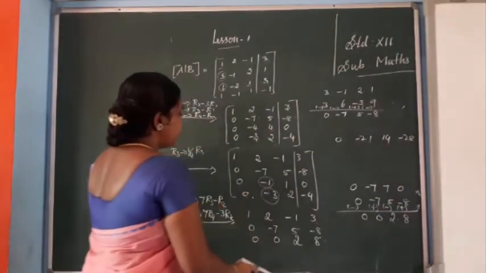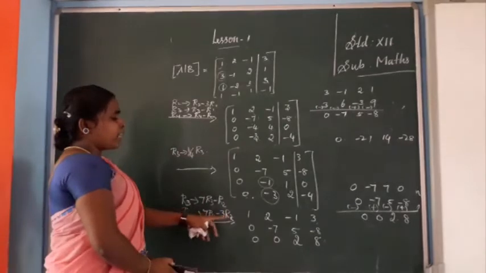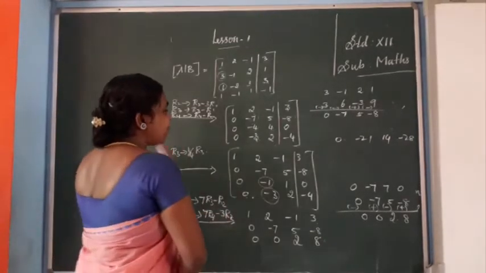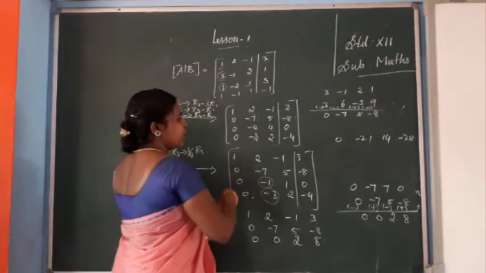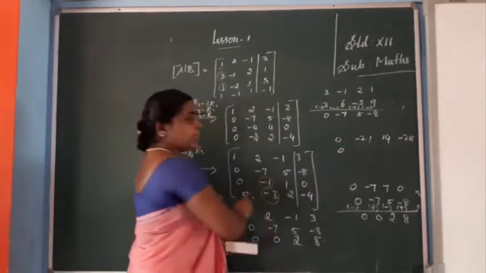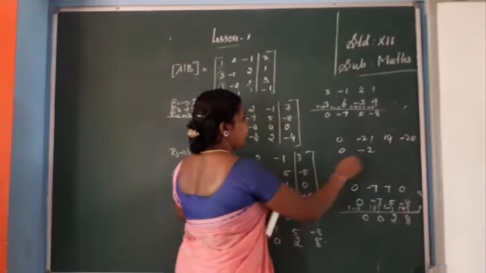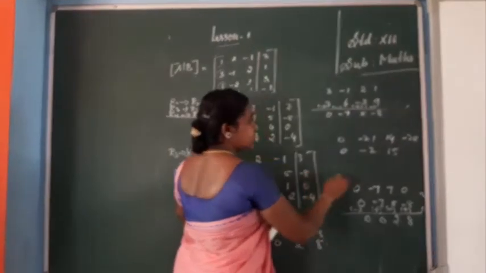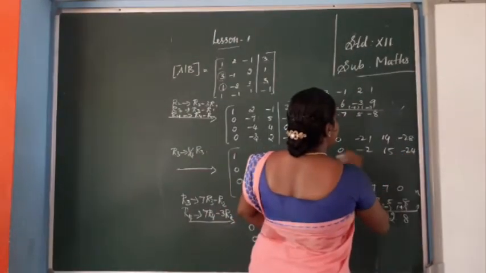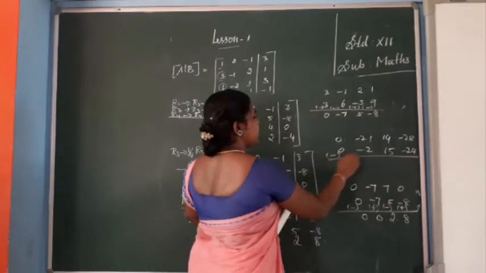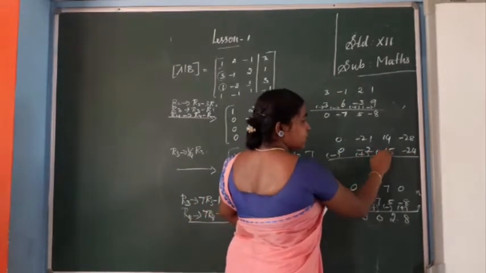Next here, what do you want to do? Second row, multiply by 3, isn't it? You multiply 3 into 0, 0, minus 7 into 3, minus 21, 3 5s are 15, 3 8s are 24, so minus 24. Here also subtraction, so minus plus minus plus.